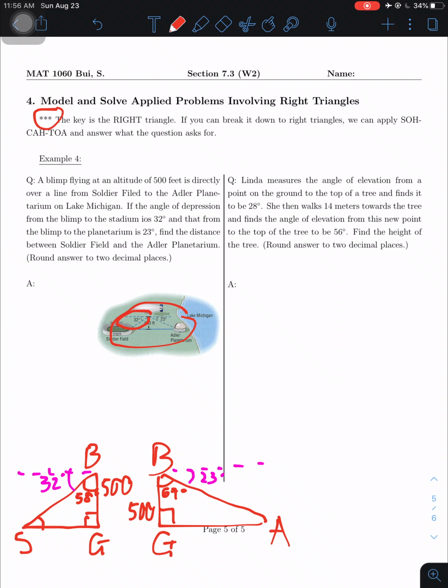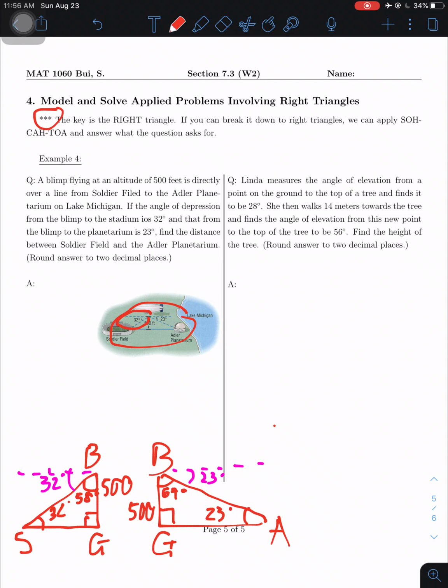In any triangle we have 180, so that one in here we can calculate by taking 180 minus 90 minus 58, and then we get 32 degrees in here. Similarly we can do the same thing over here, and we're going to get 23. So we get all the angles inside these two right triangles.